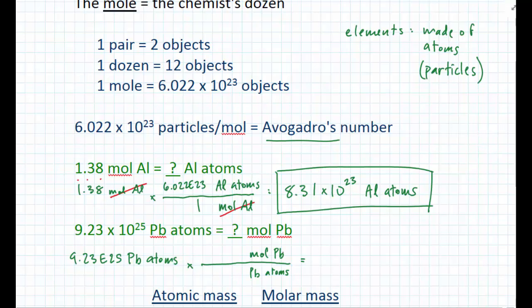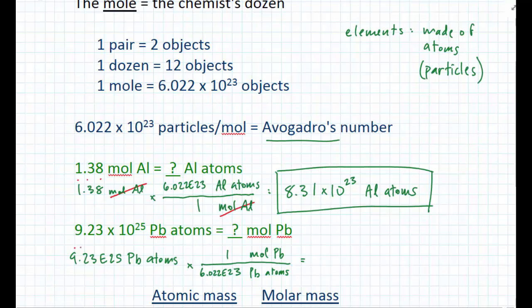Right. Lead atoms into moles of lead. So, which unit of this fraction will have Avogadro's number? Yep, it'll be Avogadro's number of the atoms per how many of the moles? Per 1 mole. Okay.